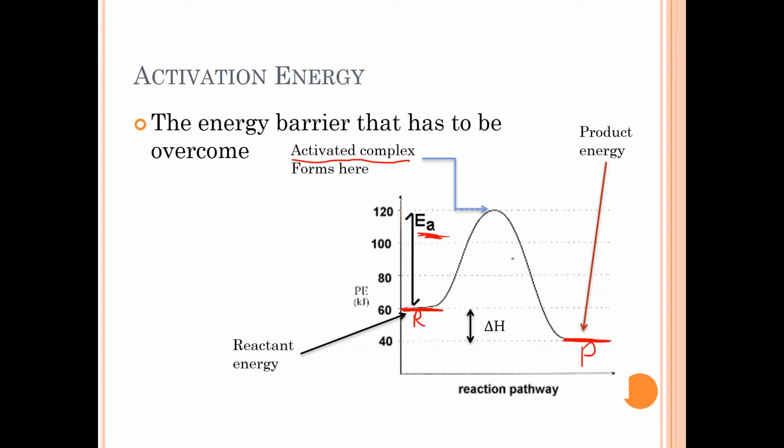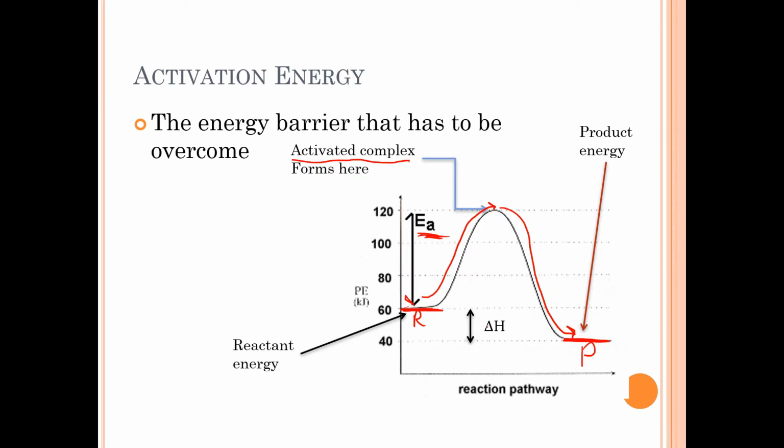So that's this here. The difference between the reactant and the top of the activation energy, that is the activation energy. So the activation energy is what the reactants need to gain in order to go down the other side to become products. And then delta H again is just the difference between reactants and products.